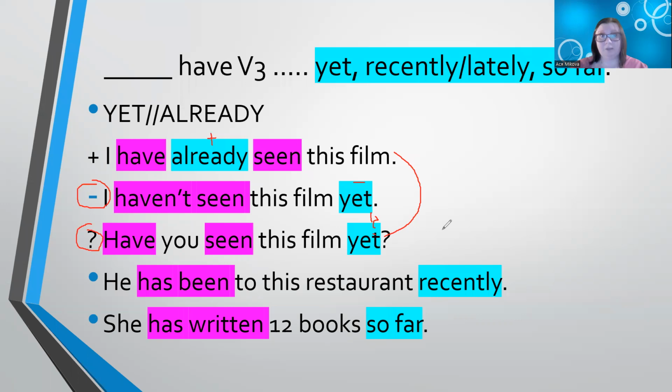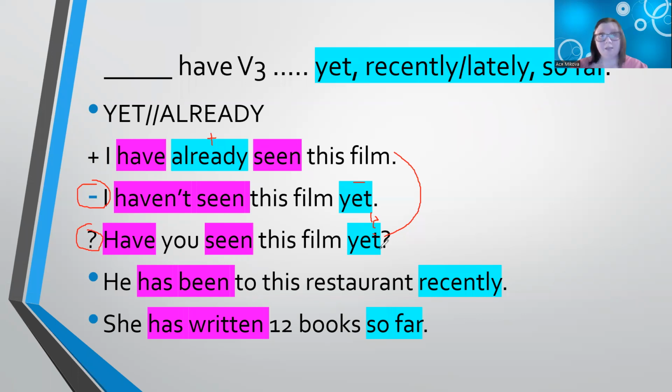Have you seen this film yet? Ты уже видел. But already we use in positive sentences and yet in questions. So yet, уже or еще. For example, я еще не сделал домашнюю работу. I haven't done my homework yet. Я еще не завтракал. I haven't had my breakfast yet.